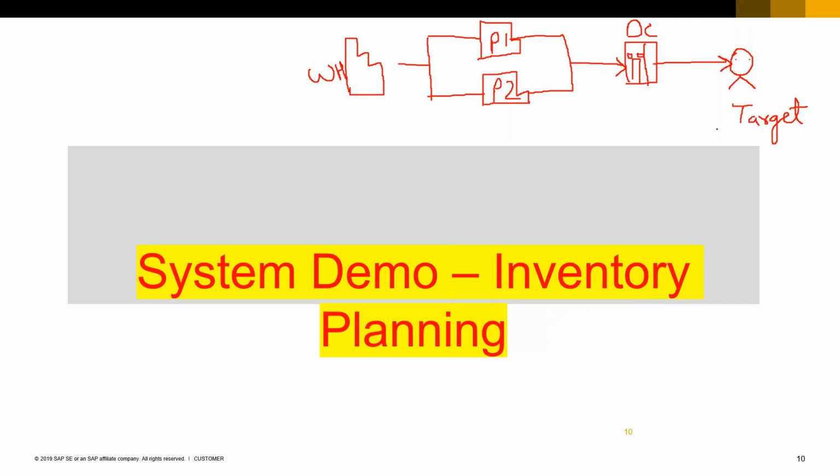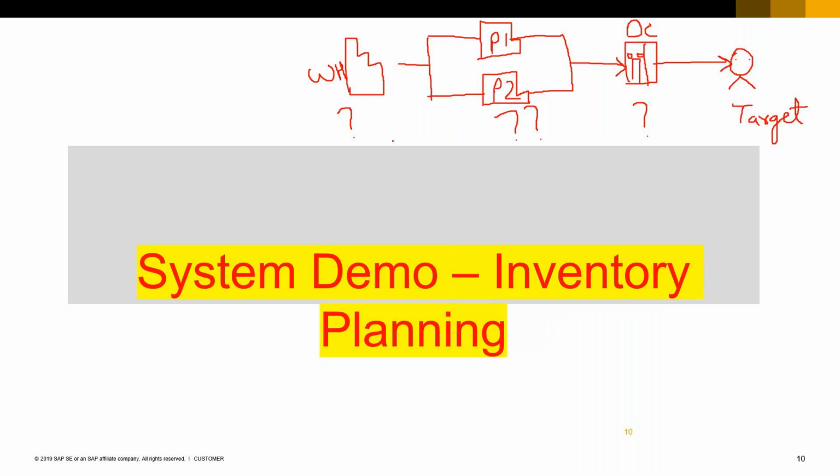So the whole objective of inventory target is, let's say the safety stock is calculated. So how much of the safety stock has to be kept in the distribution center, and how much at plant P1, and how much at plant P2, and how much stock should remain in the warehouse, right?